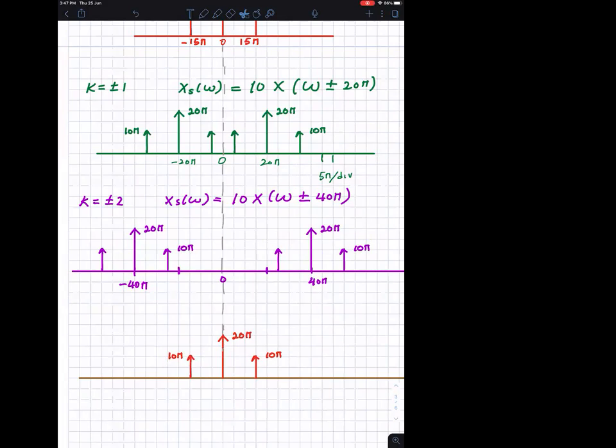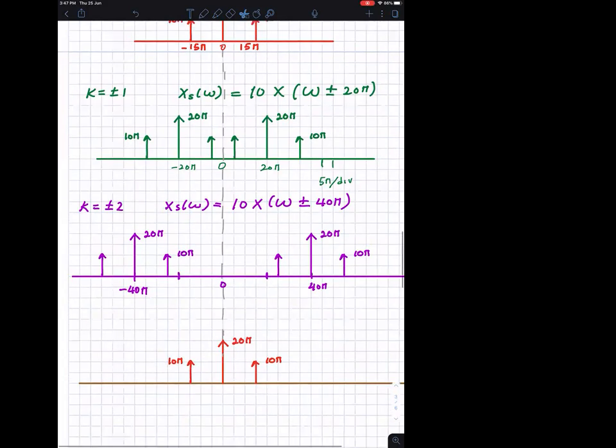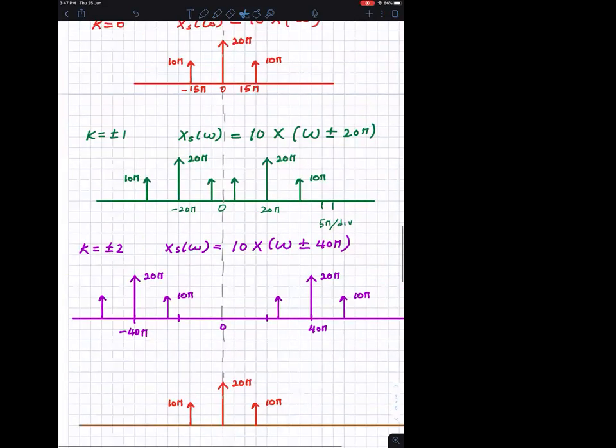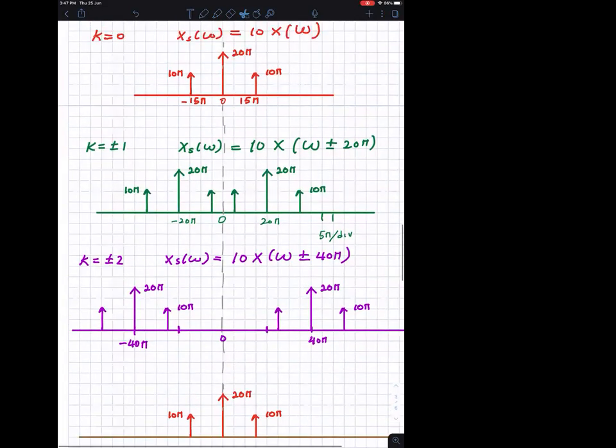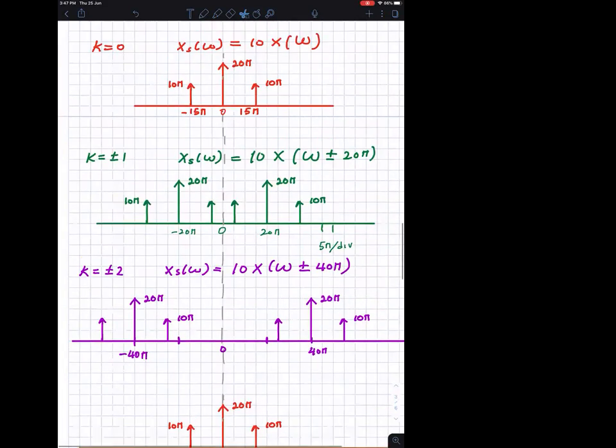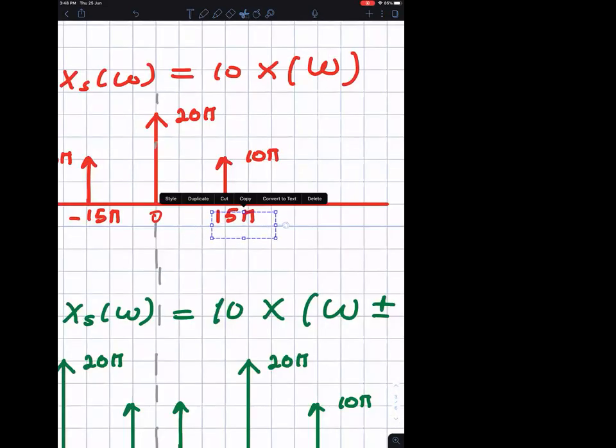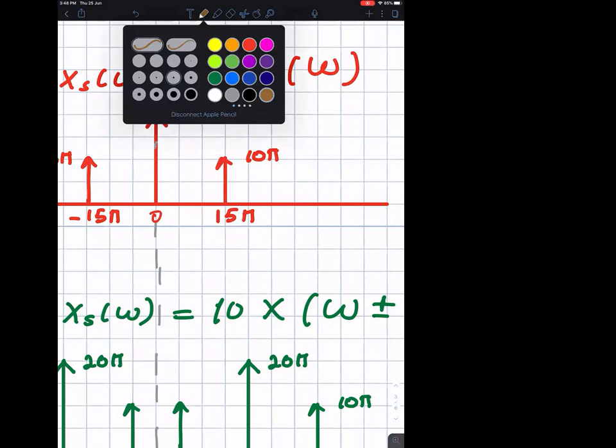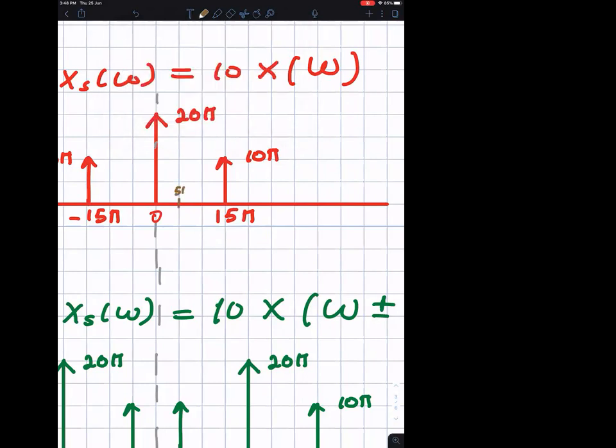Okay, this is more correct because I'm using, just to tell you if you are confused. So like this is 5, this is 5 pi and 10 pi.